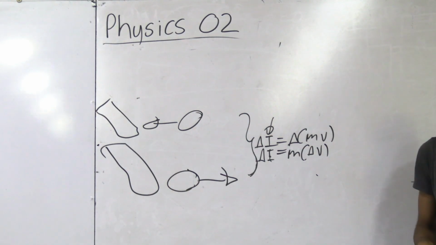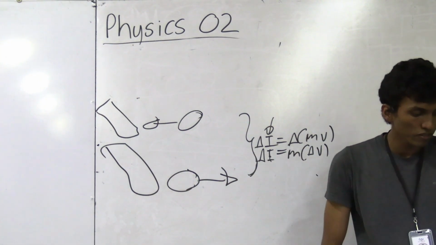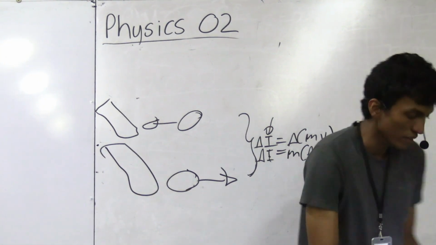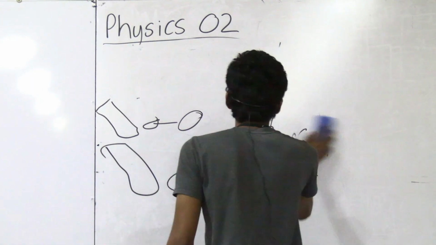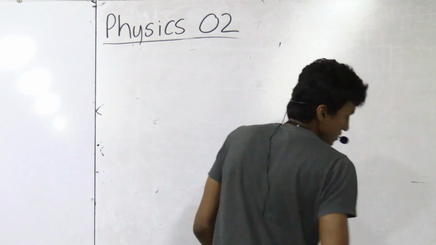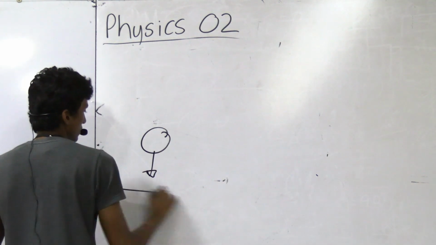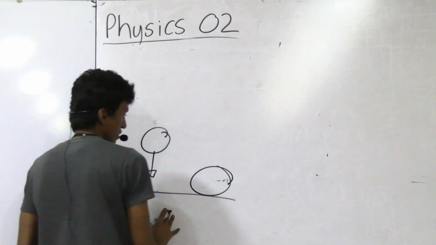So answer number 1, a ball falling down from a higher level bouncing after touching the ground, that's the closest one to Newton's third law. Let's see why. So the ball falls down and hits the ground, right?